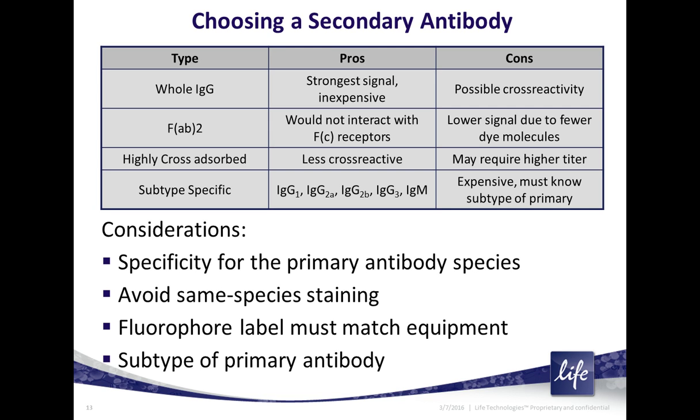So your mouse antibody, if it's not cross-absorbed against rabbit, it might label your rabbit primary, and vice versa. We sell a number that are highly cross-absorbed, or you can check the manual of your secondary antibody to see if it lists what species it's been cross-absorbed against. And those tend to be a little more expensive too.